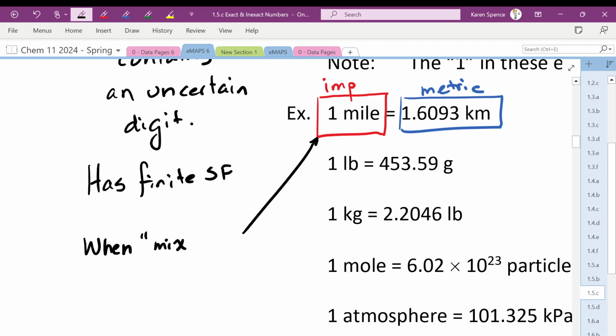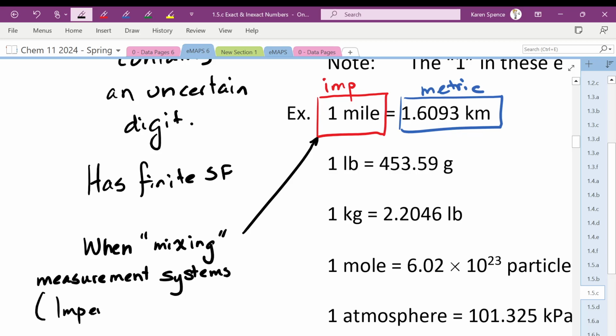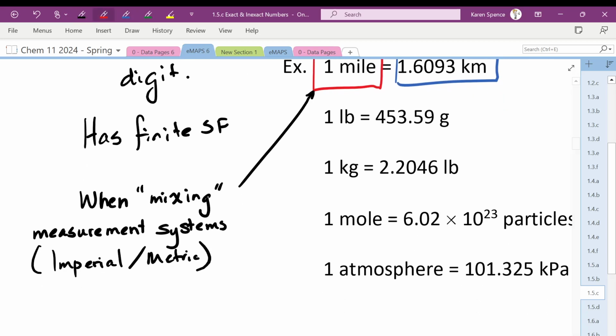When mixing measurement systems, the 1 will be exact because we're saying, okay, I got 1 mile. The other number, whatever it is, is inexact.